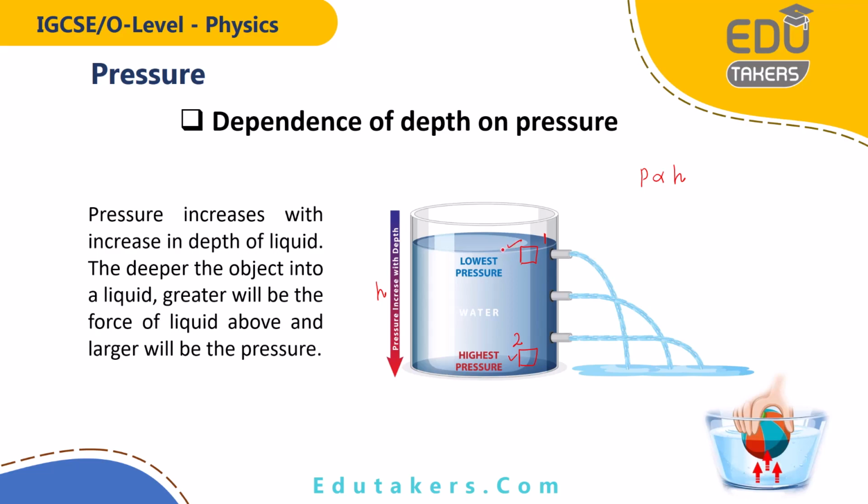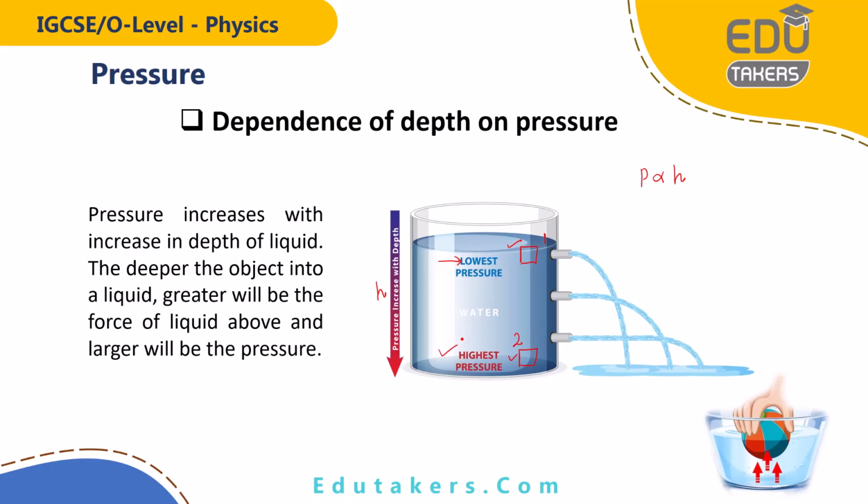It is because for object 1 the depth is very small as compared to object 2. So I can simply say that here the order of the pressure increase is also given, that how the pressure increases with the depth. At the surface of the liquid, the pressure is lowest, and at the bottom of this liquid, the pressure is highest.